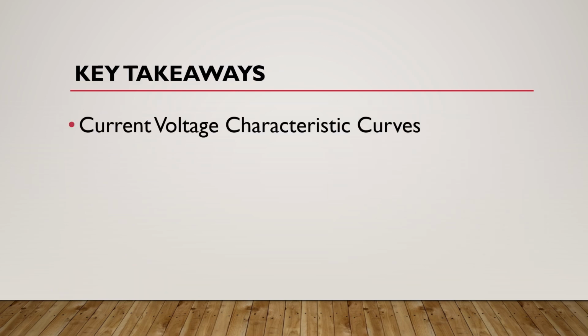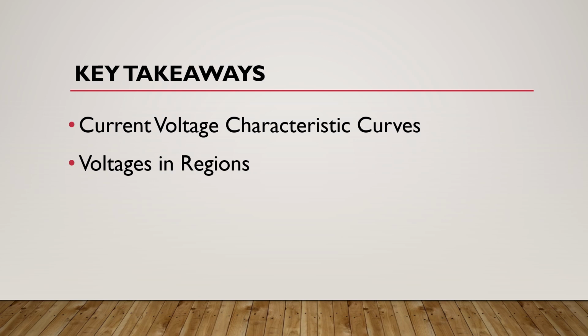That's all for today. Now, what are the key takeaways of this lecture? In this lecture, you studied about current voltage characteristic curve of MOSFET. You studied that there are three regions of operation in MOSFET. First region is cutoff region, second region is triode region, and third region is switch off region.